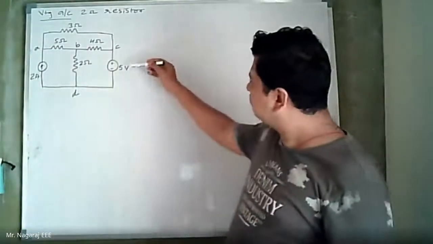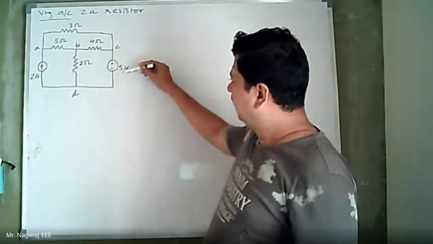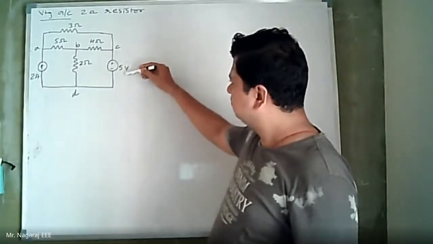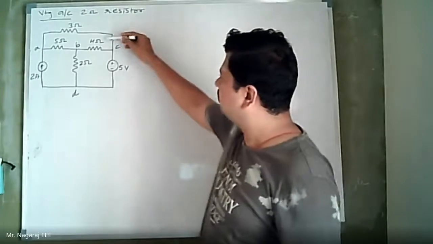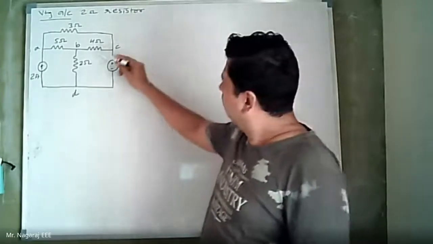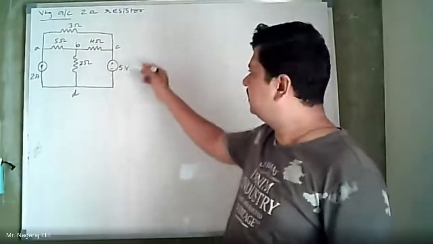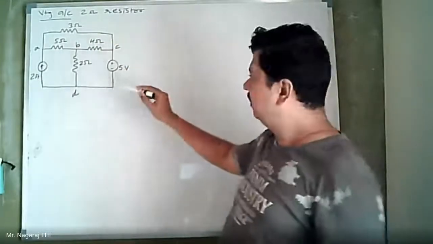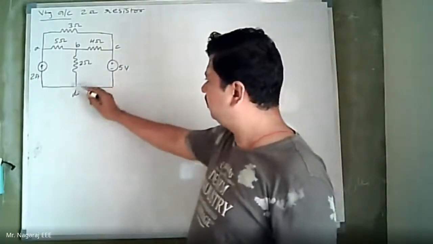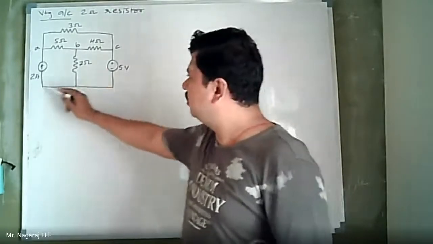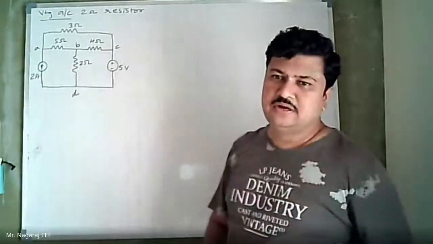Now if I want to shift this 5 volt voltage source, I can shift it beyond the node C in series with 4 ohm and 3 ohm, obviously with respect to the polarity, or I can shift it beyond the node D in series with 2 ohm and 2 amperes.